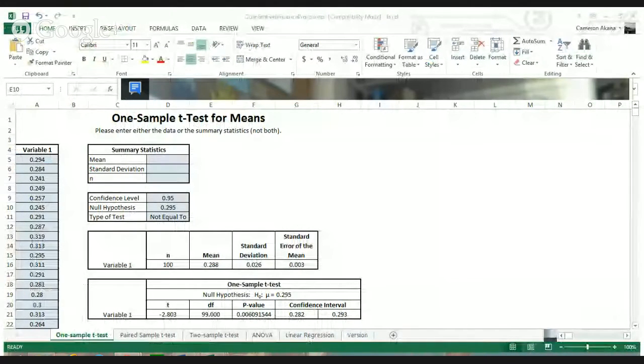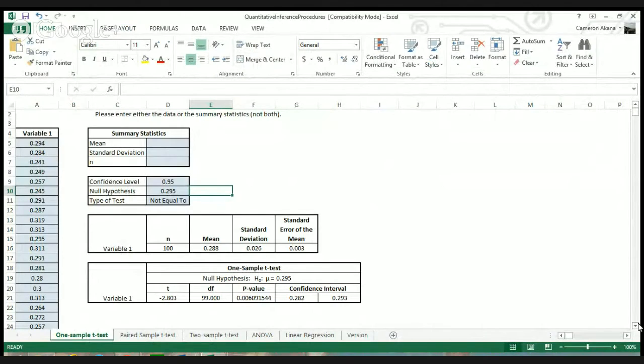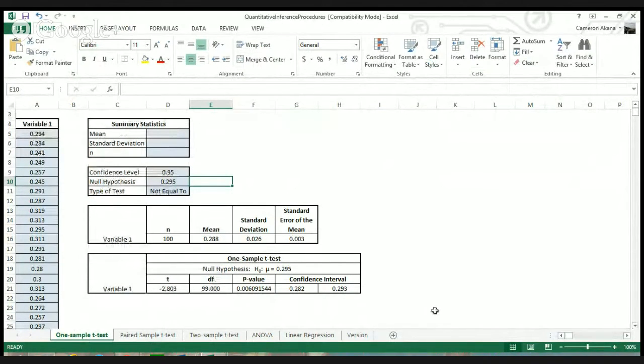Oh, just kidding. There it is. So, yeah, this is all the stuff I typed in. Give my computer just a second to figure out what's going on here.